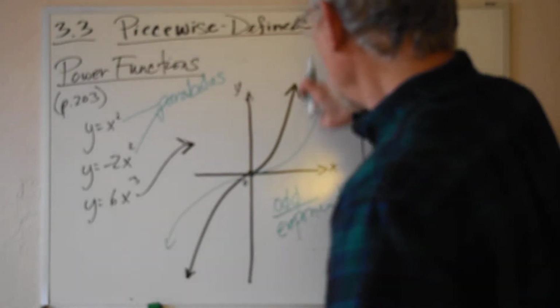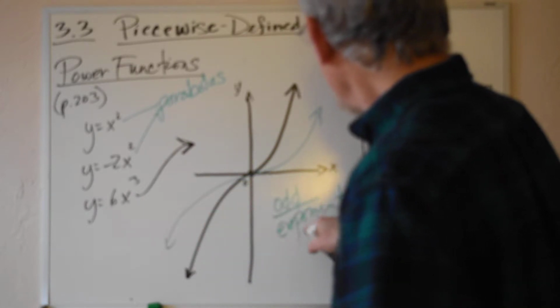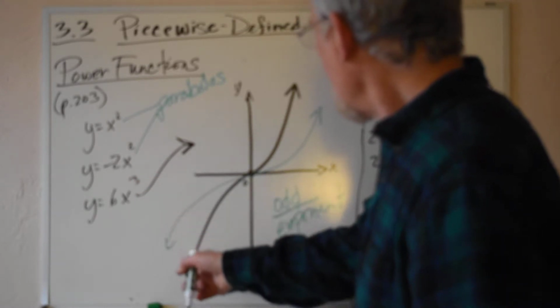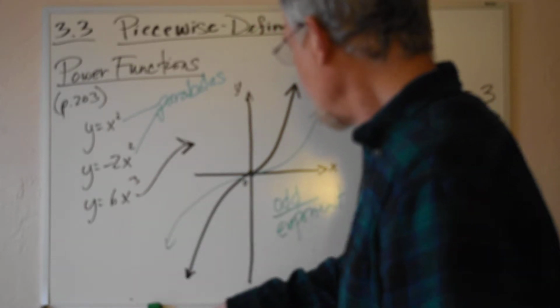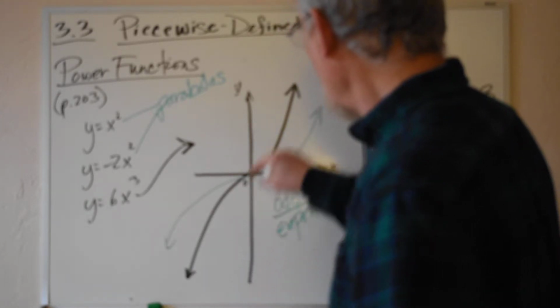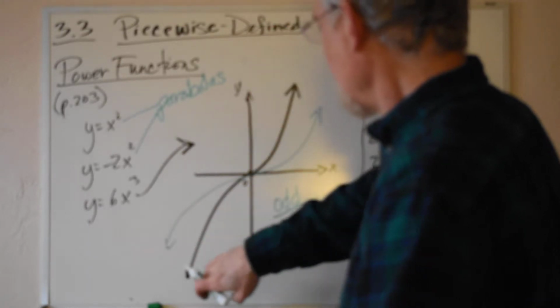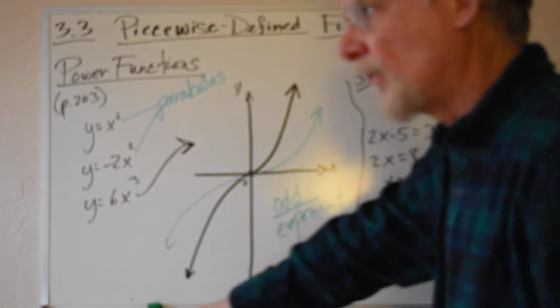The parabola would be U-shaped, up or down. When you have an odd exponent, such as 3, then your curve is going to go off to negative infinity on one side of it and go off to positive infinity on the other. So you get this two-turn effect. In a parabola, there's only one turn, right?